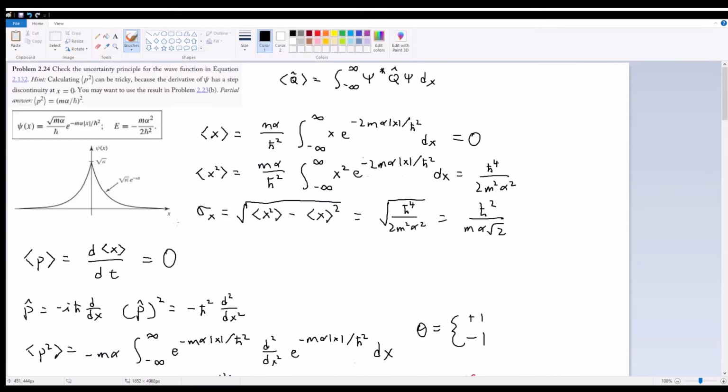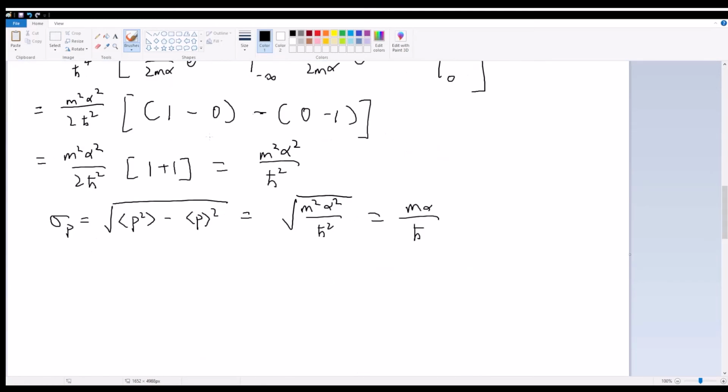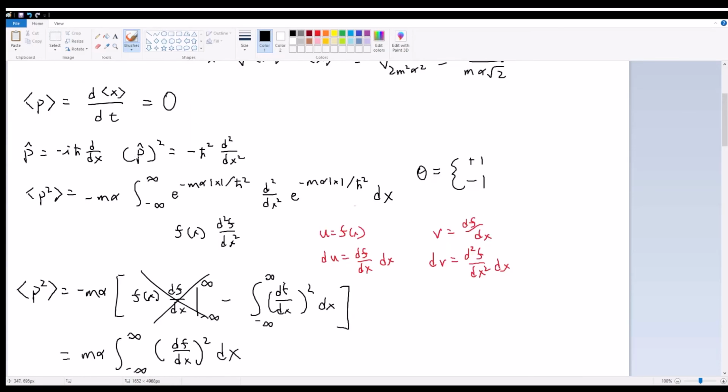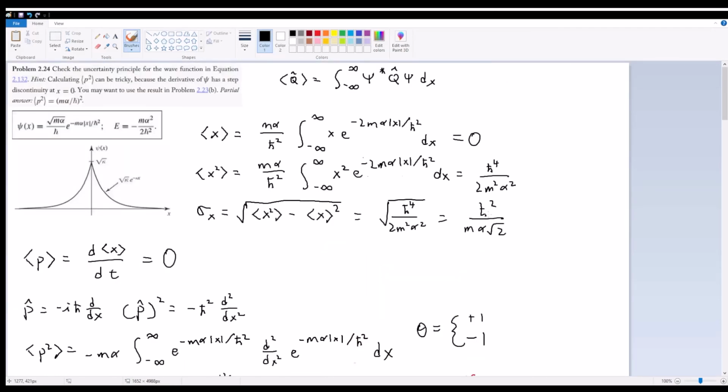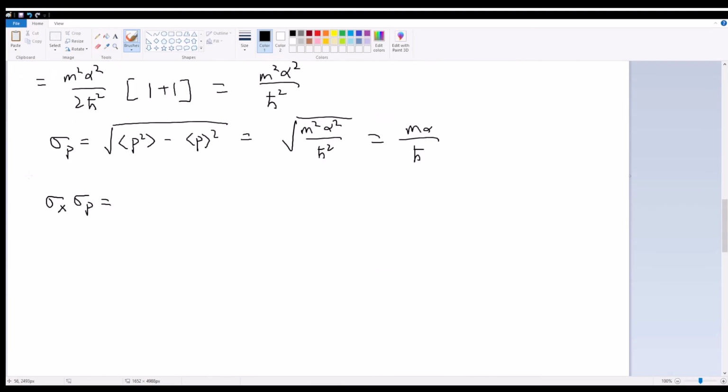From here, we have the two uncertainties, so we can multiply them together for checking the uncertainty principle. The standard deviation of x, or the error in x, times the error in p, is going to be equal to, what's x? It was h bar squared over m alpha root 2.